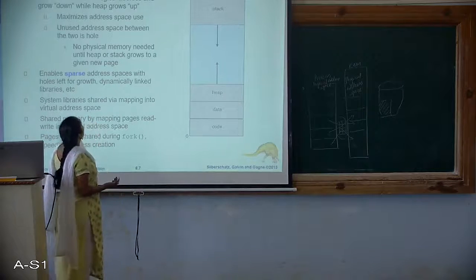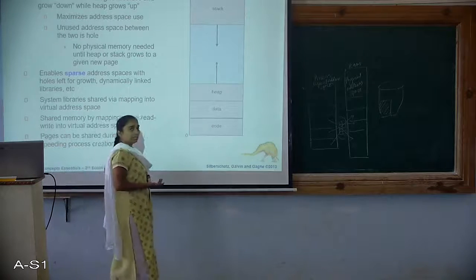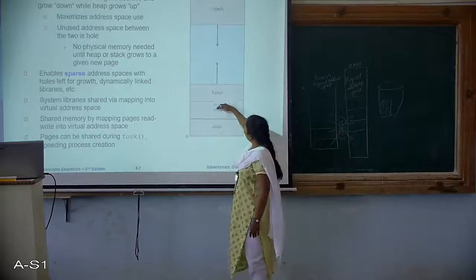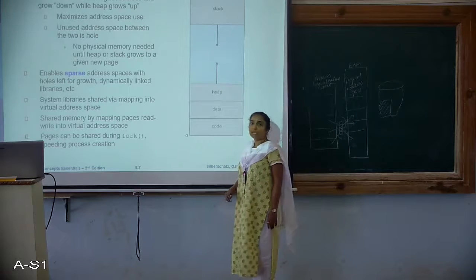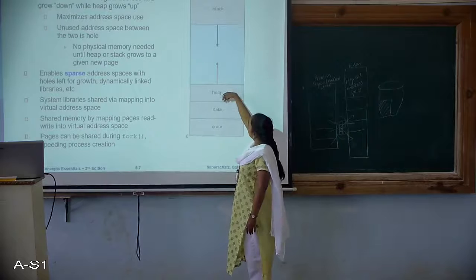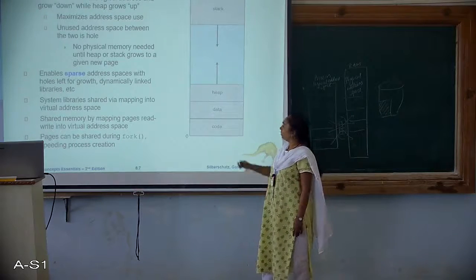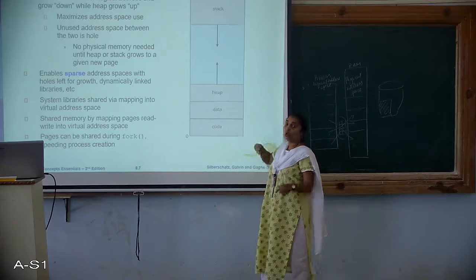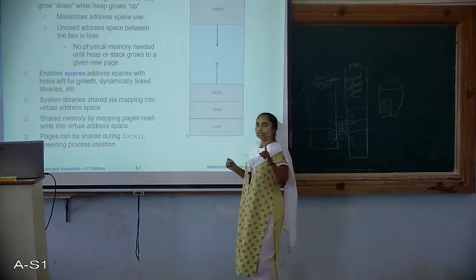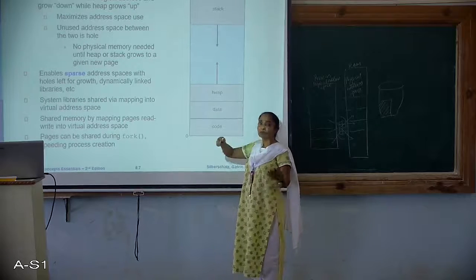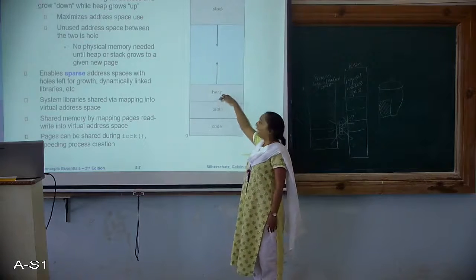In your memory, if you see the contiguous memory allocation, we have memory divided into code, data, heap and stack. Now we know that the stack grows downward and the heap grows upward. What do you mean by this? This means whenever the process asks to allocate memory dynamically, that is malloc, alloc, new, the memory will be allocated from the heap.